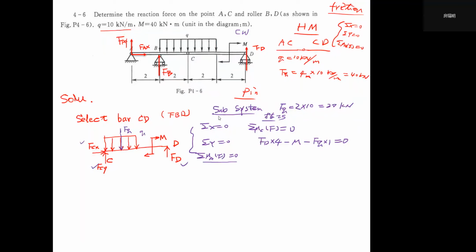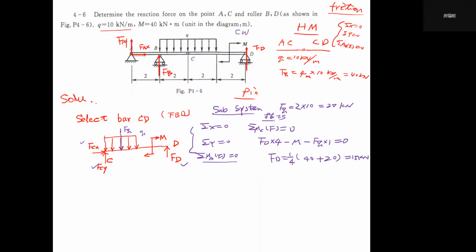I'm sorry. So let's continue. Using this equation, we can find FD. It will equal a quarter of M, which is 40, plus this FQ, which is 20, so it will be 15 kilonewtons.